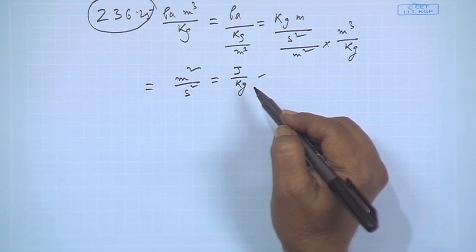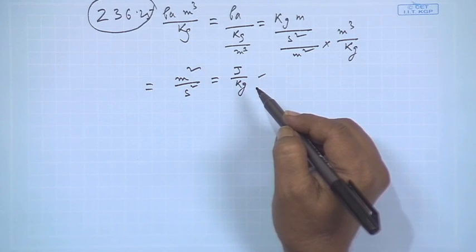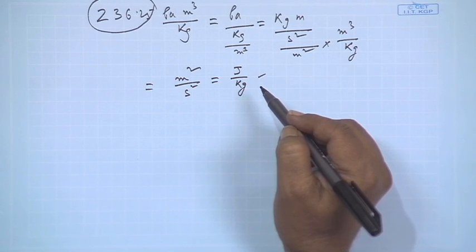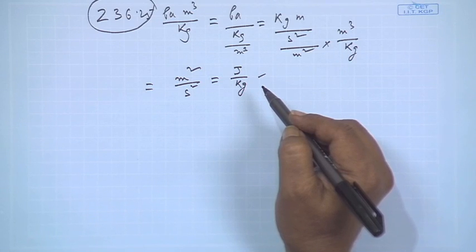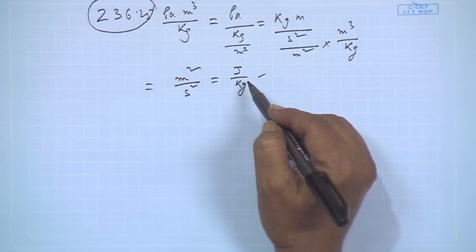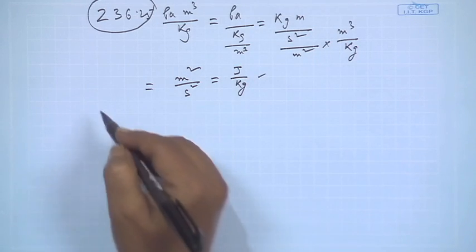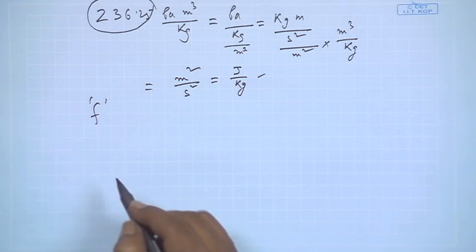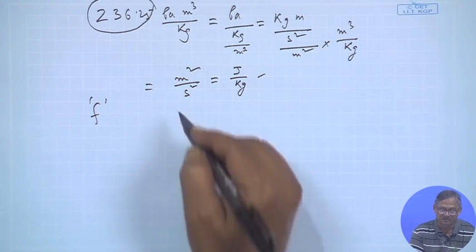If we remember how we have developed this, then we can easily find out how this is to be done. Now, this is perhaps easy: meter square per second square gives us joules per kg.